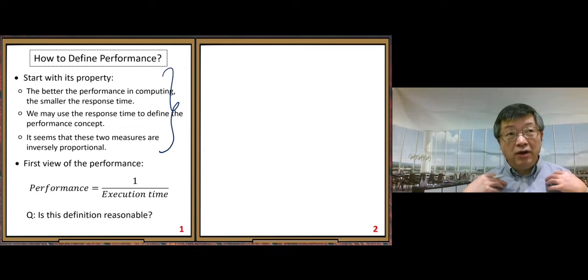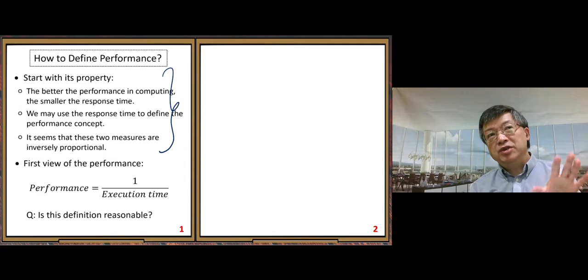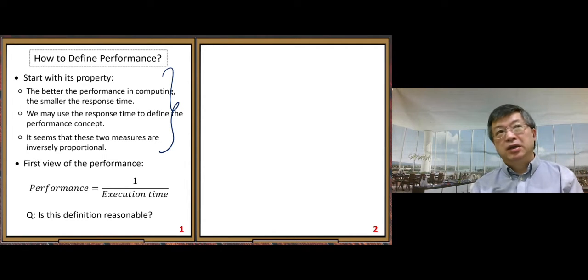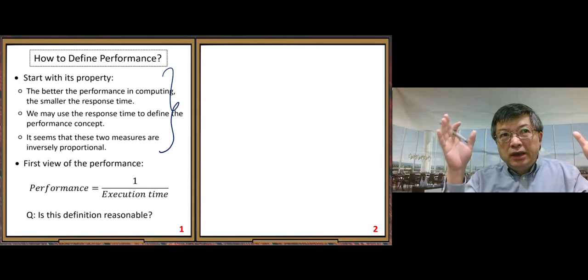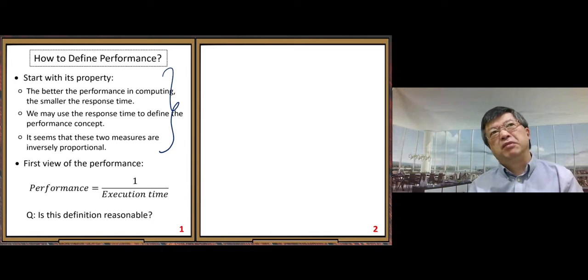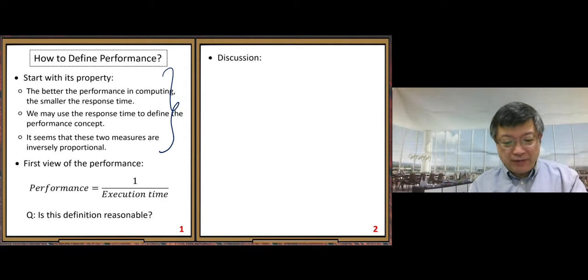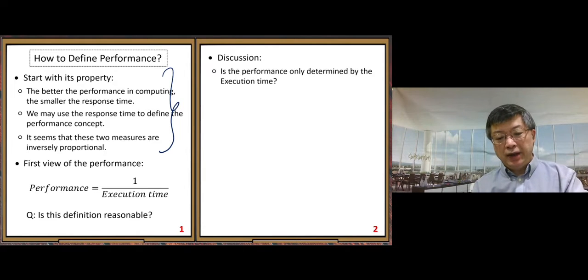That's based on my own experience. When I taught this topic many times before, at some point I suddenly realized something must be wrong. So let me talk about that here, a little bit of discussion.